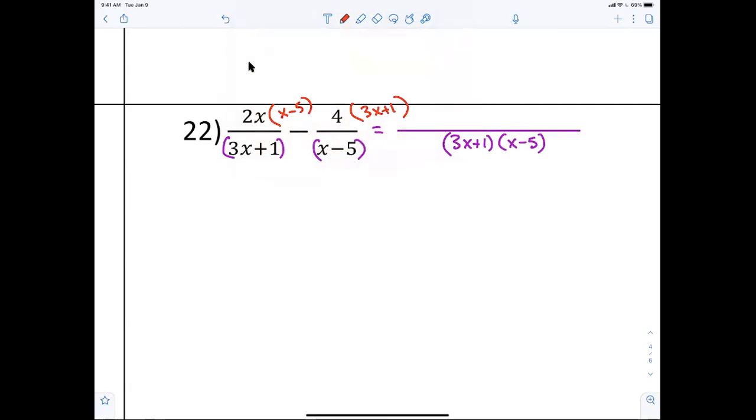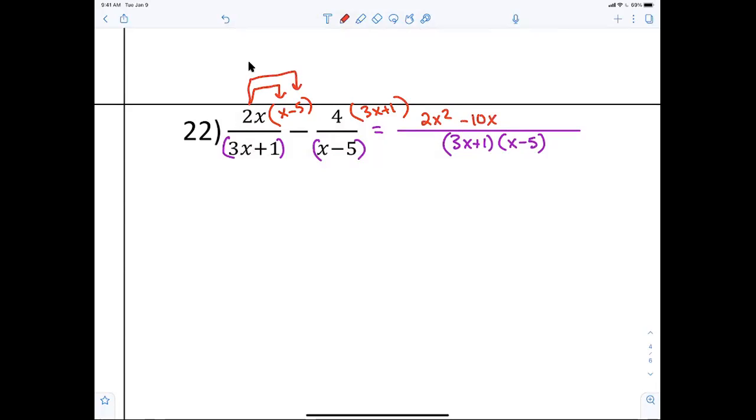Now, you have to be the judge of how much you trust yourself. I don't like to write everything out. Some of you need to write everything out because you make careless mistakes. If you're confident with what you can do, just distribute the 2x. What's 2x times x? 2x squared. Then we're multiplying 2x times -5.